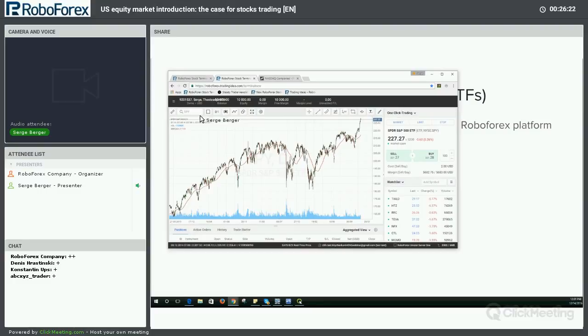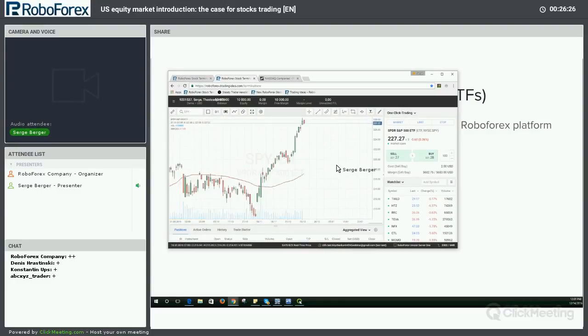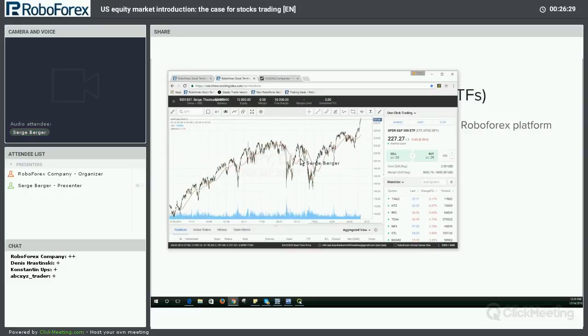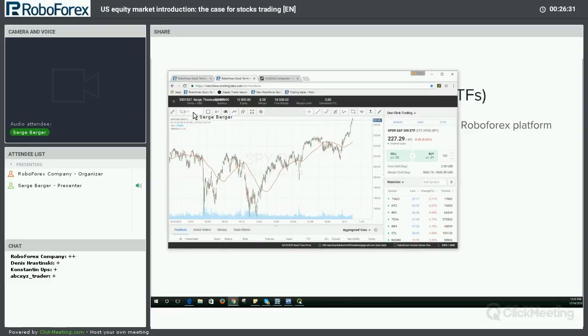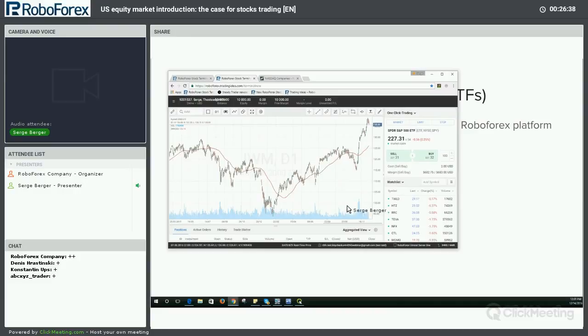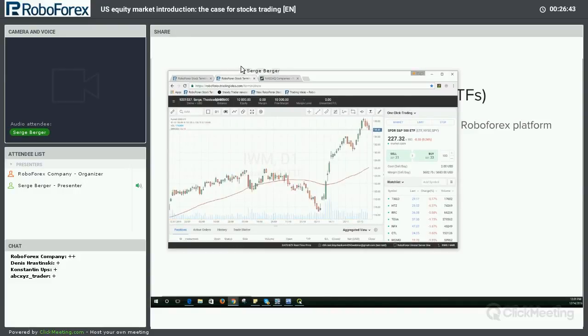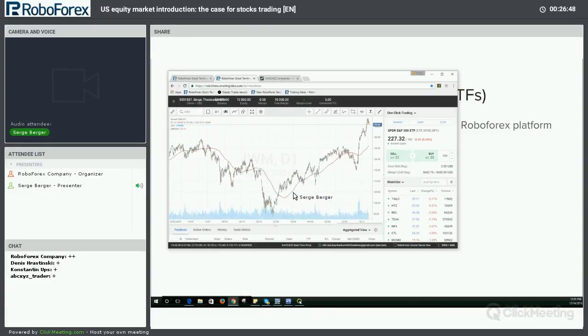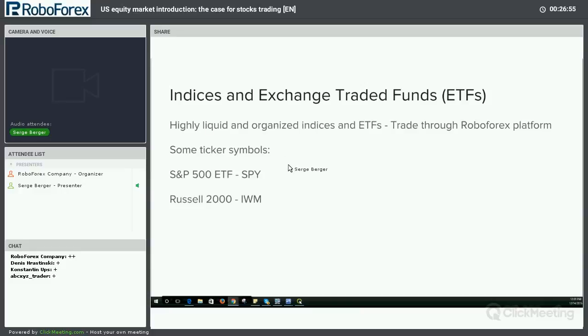And you can see that, for example, the SPY ETF, this is what it looks like, right? Very nice and orderly exchange traded fund on US stocks. The IWM would be the Russell 2000 exchange traded fund. Okay, same thing here. Lots of liquidity. You can see the amount of liquidity is just incredible on these indices, and so there's tons of liquidity, not just in single name stocks. Also, if you want to trade exchange traded funds, we'll talk about that a little bit more here in just a few minutes.